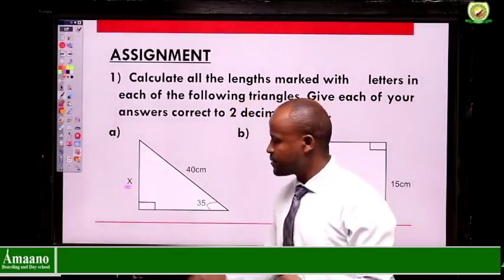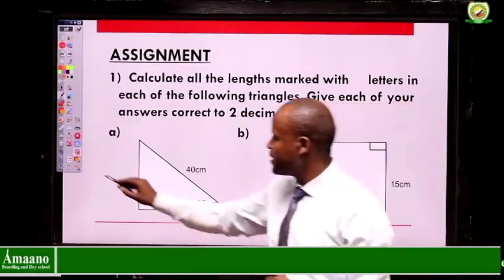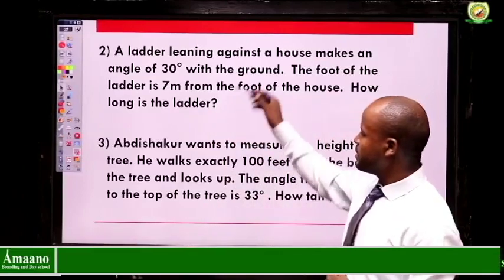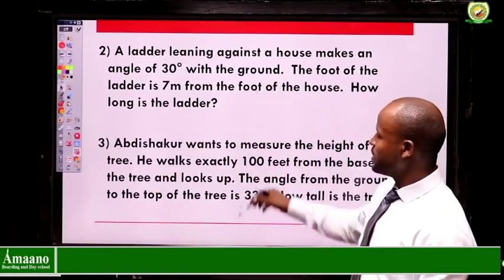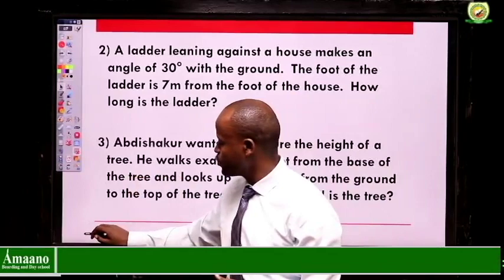Here x is given, you are asked to find x. Again here the same. Like question number 3, our last example, you are given problems related to real life. So solve these 2 problems.